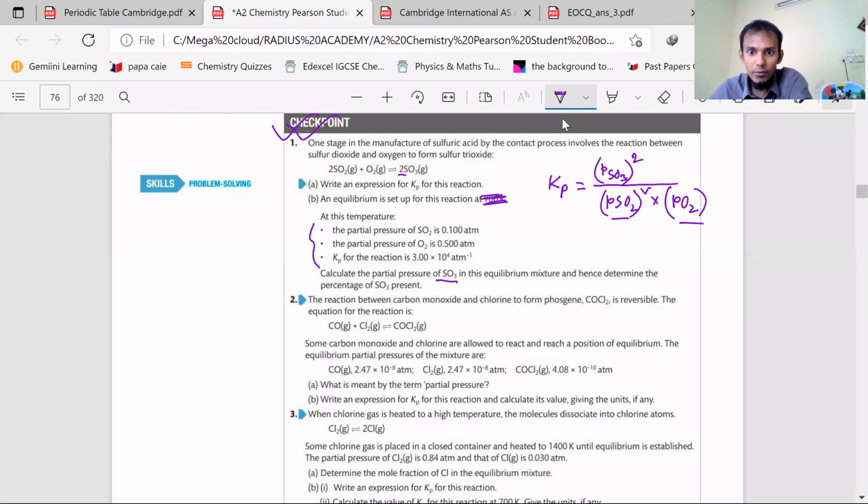In this equilibrium mixture and hence determine the percentage of sulfur trioxide present. So percentage you can easily find.